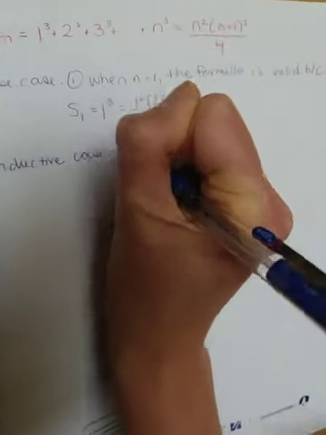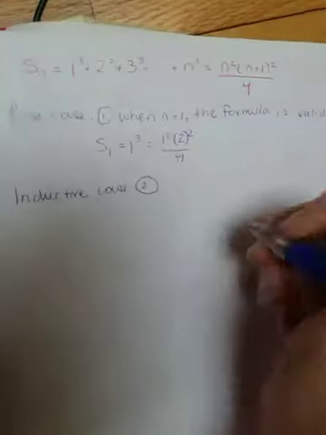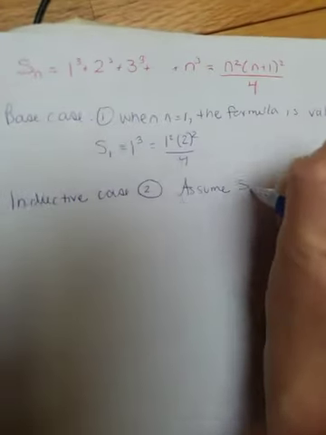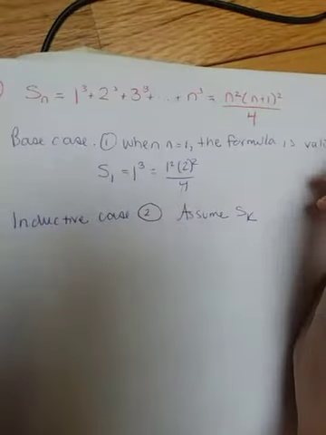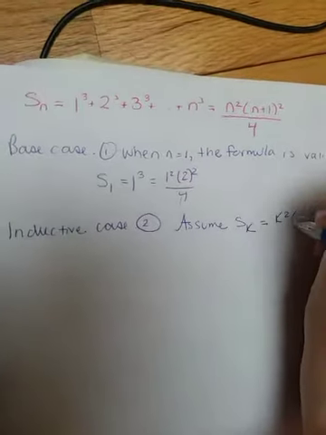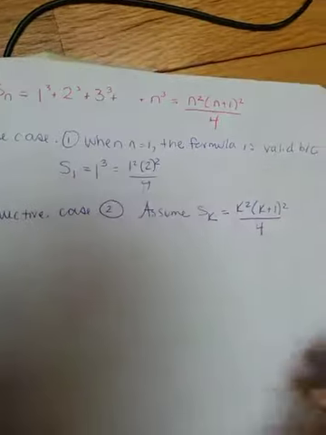Okay. So now we have the inductive case. Step 2. All right. So we will assume S sub k. In that case, that's going to be k squared times quantity k plus 1 squared all over 4. Again, I'm trying to use the same words.